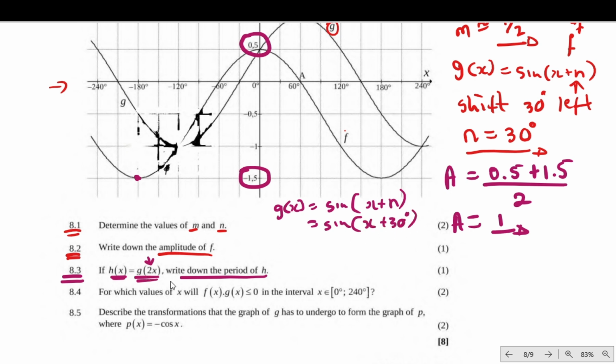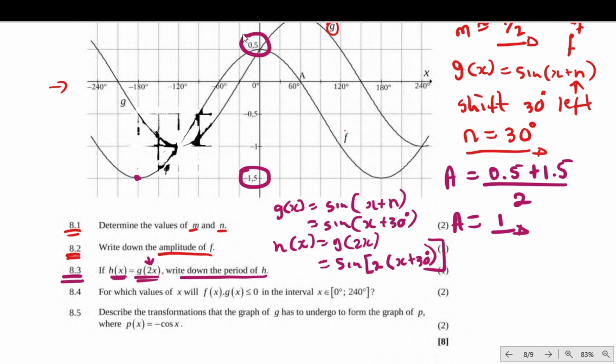And now they're saying function of h is equal to g of 2x. So meaning our function of h is going to be sine, open bracket, 2, open another bracket, x plus 30 degrees, like this, and then close bracket. So this is how it's going to look like, right?